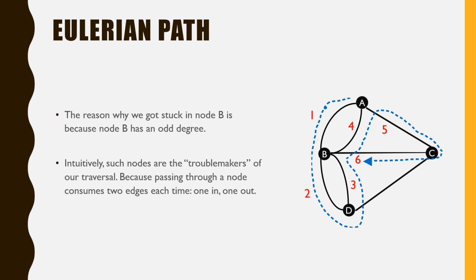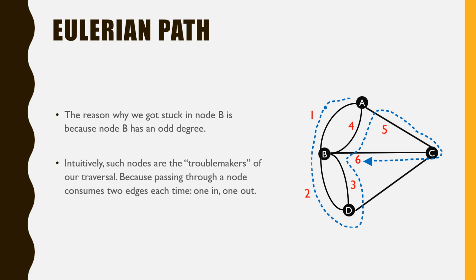So, if a node has an odd degree, there's no way to perfectly pair all incoming and outgoing edges. If we leave an odd degree node, we won't be able to return. If we enter it, we won't be able to leave.